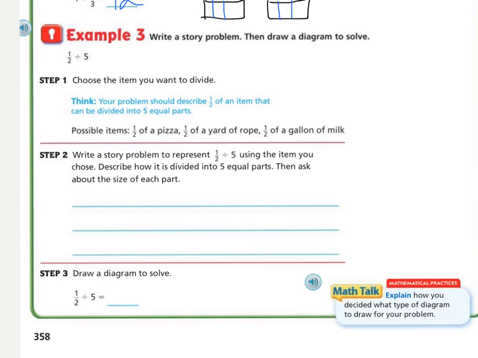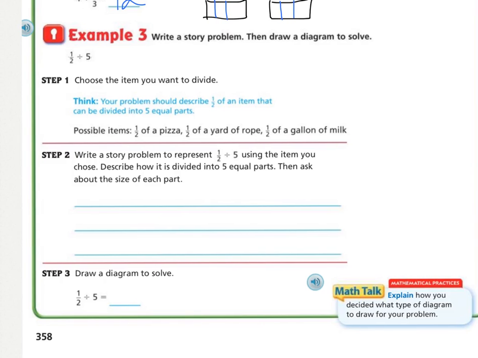They have half a pizza, half a yard of rope, half a gallon of milk. So create your own story problem where you start with a half and break it into 5 pieces again. Then draw your diagram so that you can show that your equation works.